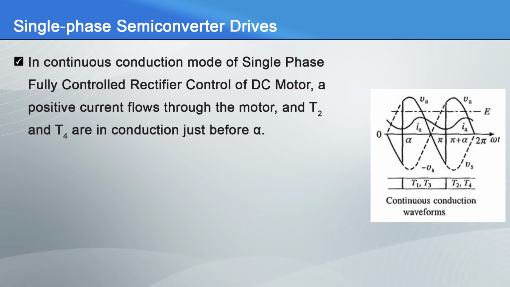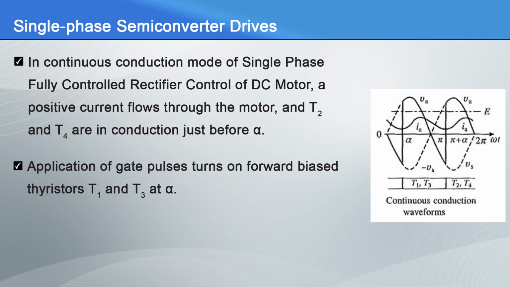In continuous mode, a positive current flows through the motor, and thyristors T2 and T4 are in conduction just before alpha. Application of the gate pulse turns on the forward biased thyristors T1 and T3 at alpha.